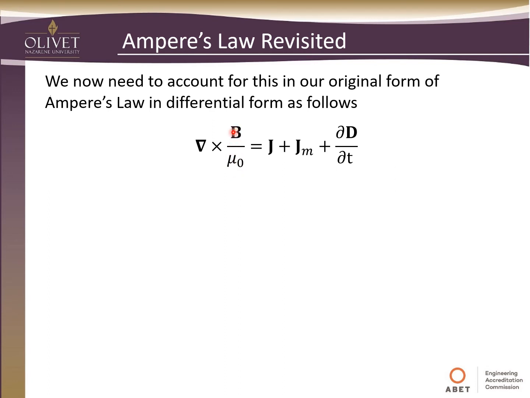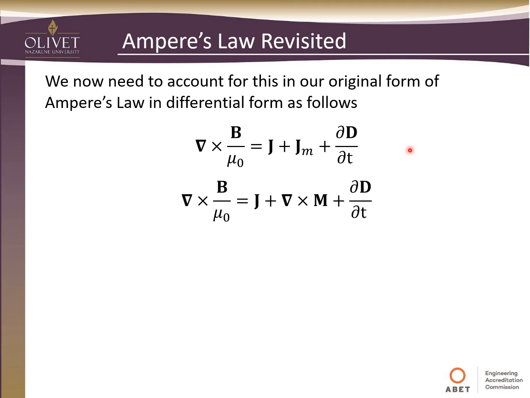Remember that H, the magnetic field vector, is equal to the flux density vector divided by our permeability in free space. And so this will be equal to normal current flow plus this new apparent current flow due to the magnetization of the medium. And again, that's then plus just the time derivative of our displacement current, which has always been there in Ampere's law.